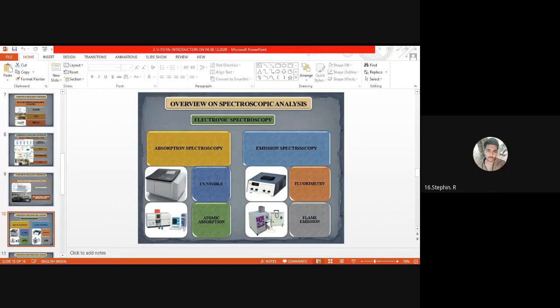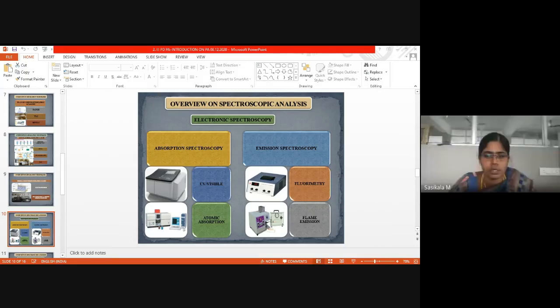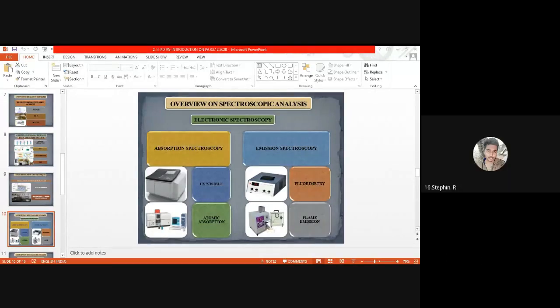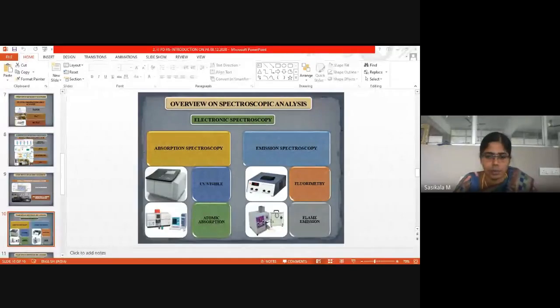And next is miscellaneous chromatography, ma'am. In this, they are using electrophoresis and gel filtration. One more is affinity chromatography. It is also in miscellaneous chromatography. Okay, good. Stephen and Monisha, thank you.